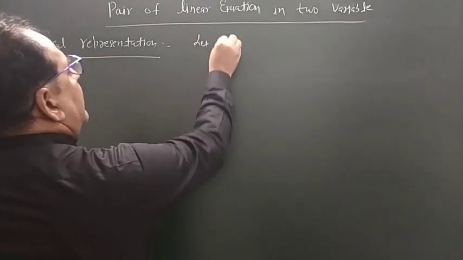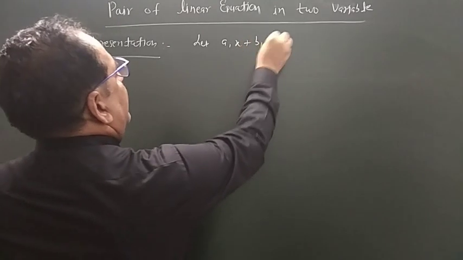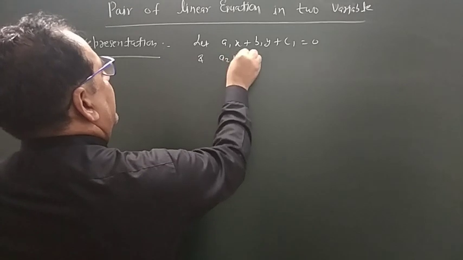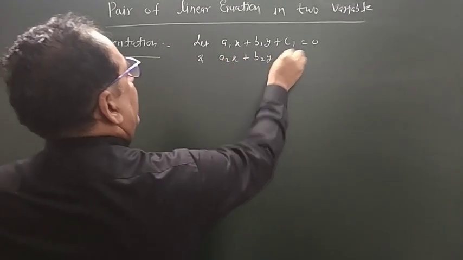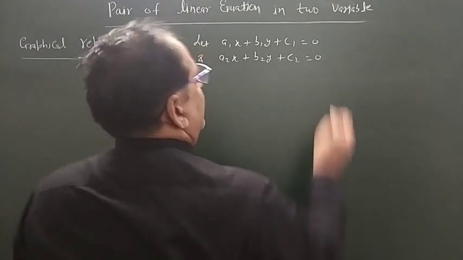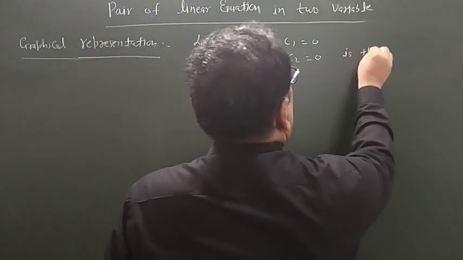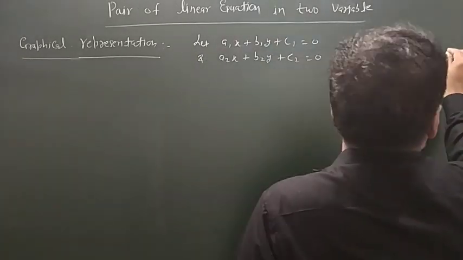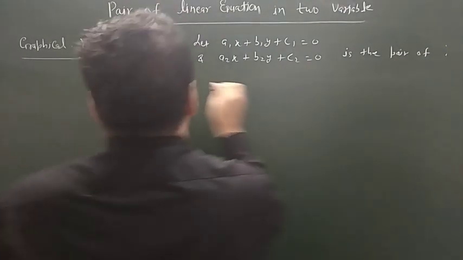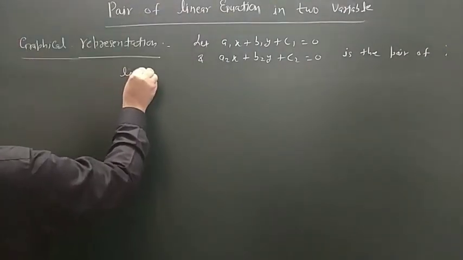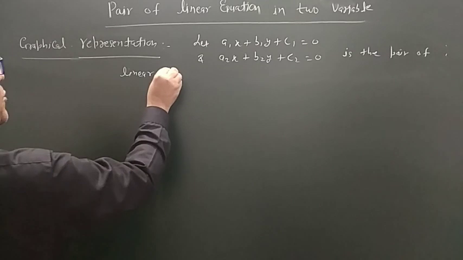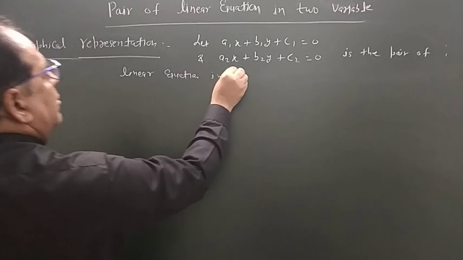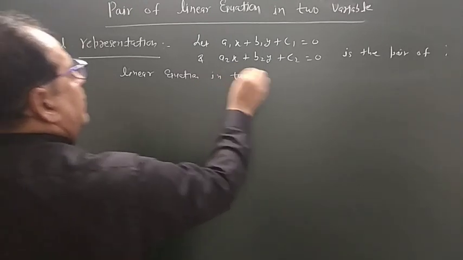Let a1x plus b1y plus c1 equal to 0 and a2x plus b2y plus c2 equal to 0 be a pair of linear equations in two variables.